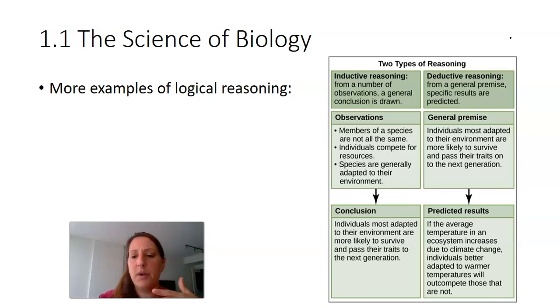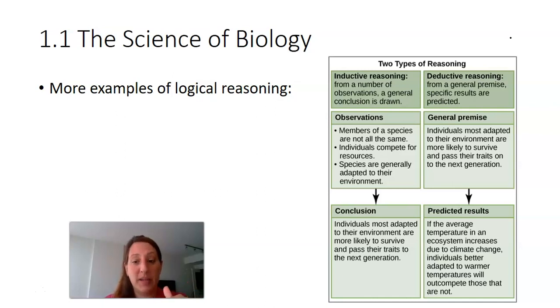On the other side, on the right, we have deductive reasoning. We're going to go from general to specific. So the general premise here, individuals most adapted to their environment are more likely to survive and pass their traits onto the next generation. Okay, now we're going to get specific.